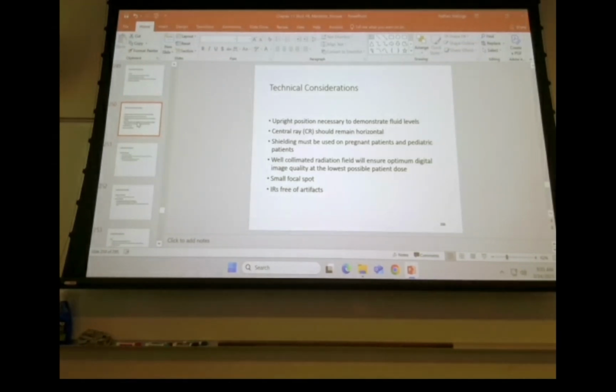They put this coconut on the table and shot a vertical central ray into the coconut, so the fluid always finds its own level. The fluid is completely filling the bottom of the coconut, so you don't see any air fluid level at all, right? You can see that there's something there. You've got the outer cortex of the coconut, and there's something on the inside.